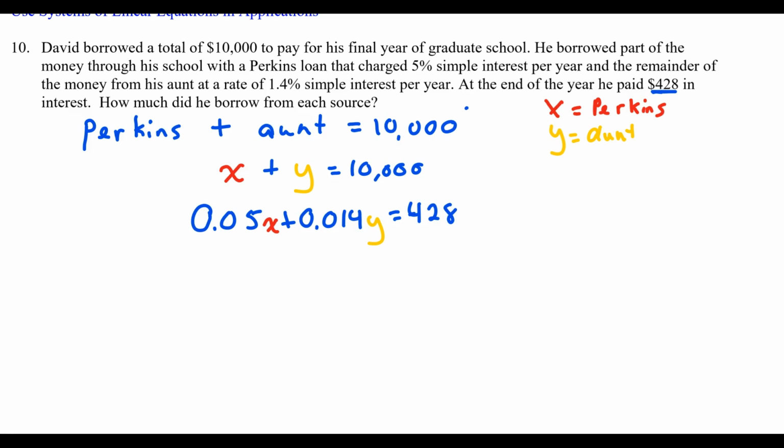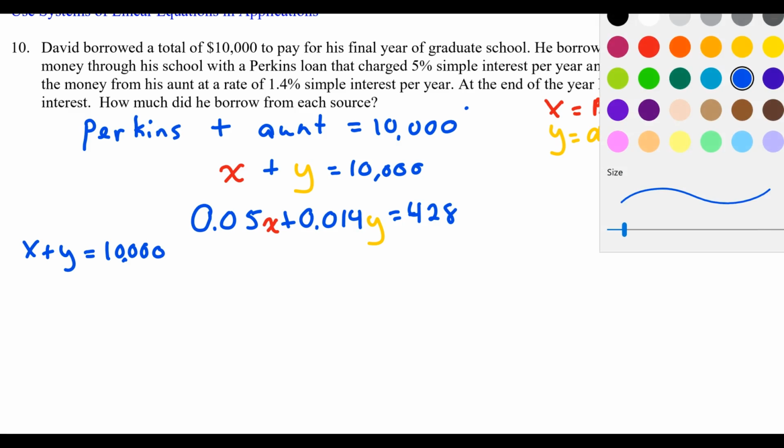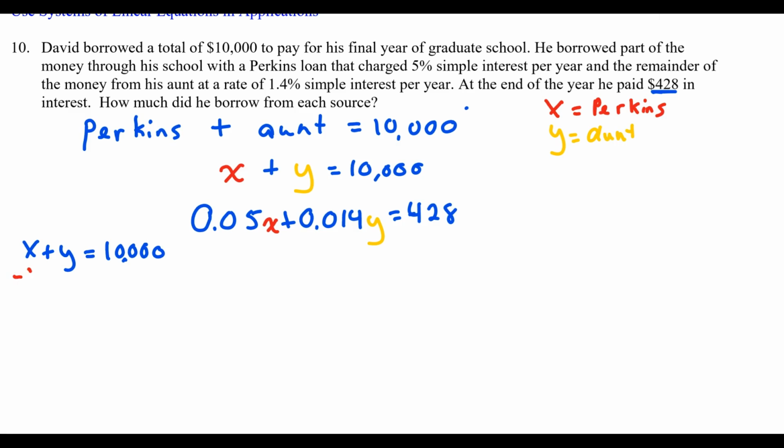So I'm going to come down here. X plus Y is equal to 10,000. It doesn't matter which one I solve for. So let's just say that I solve for Y, so I'm going to subtract an X from both sides. And I get Y is equal to $10,000 minus X.